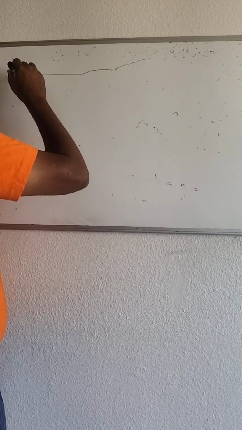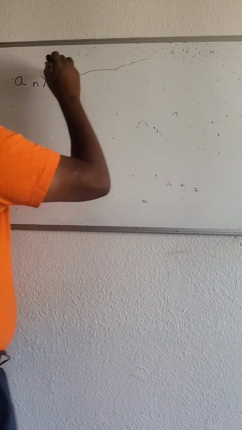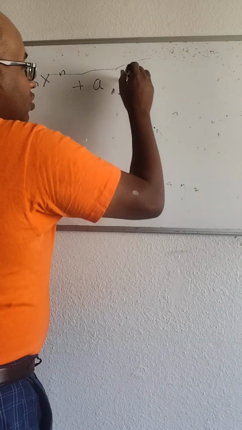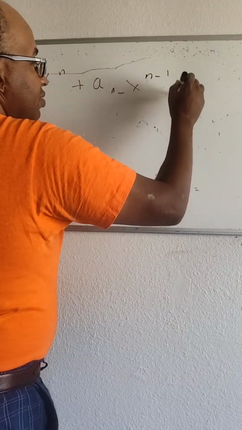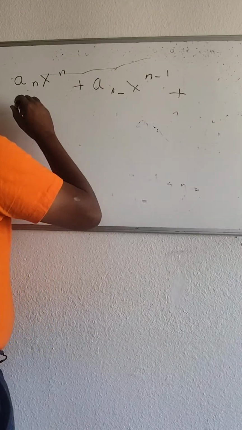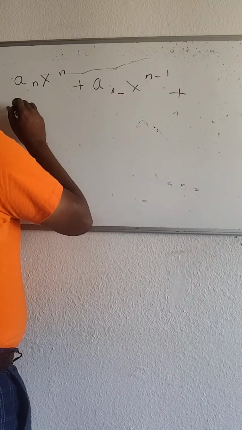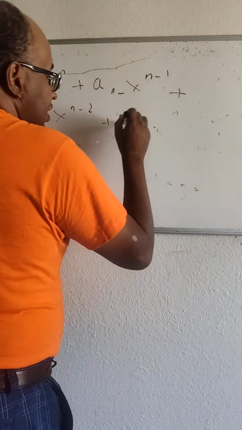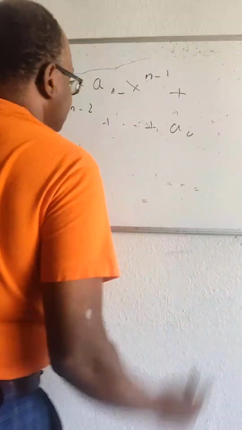What we're going to do is expand. So it'll be a_m x^m, and we're going to add a term, a_(m-1) x^(m-1), plus a_(m-2) x^(m-2), and we're going to do this until we get a sub naught.